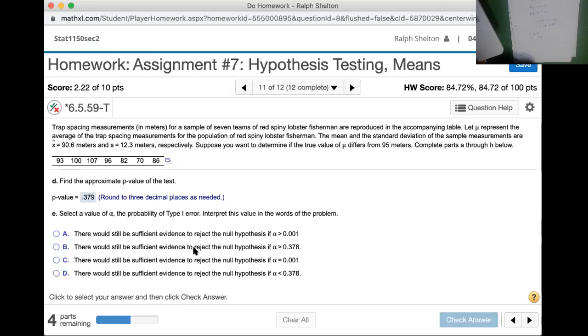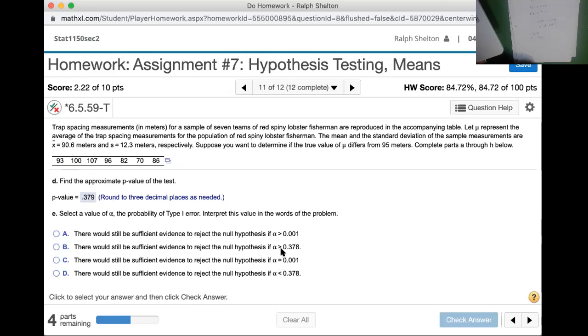There would be evidence to reject if alpha is greater than 0.378. So what they're saying there is if alpha is greater than 0.378, it's going to be either equal to your p-value or alpha is going to be greater than your p-value. And remember that the test is p-value less than alpha? When p is less than alpha, you reject.